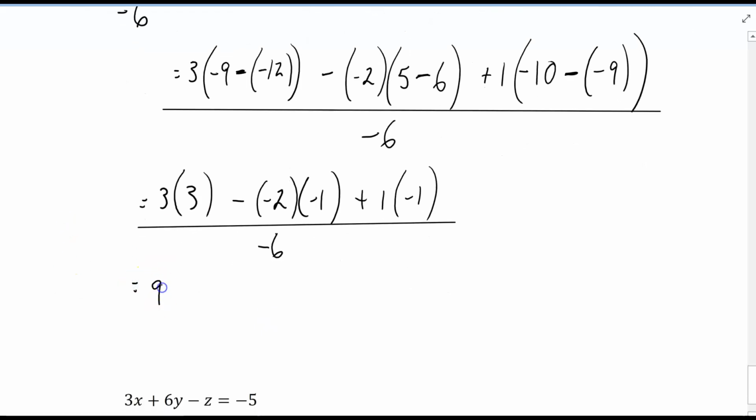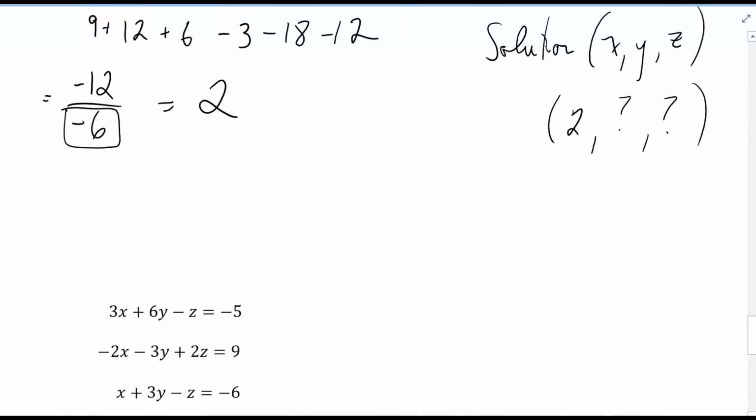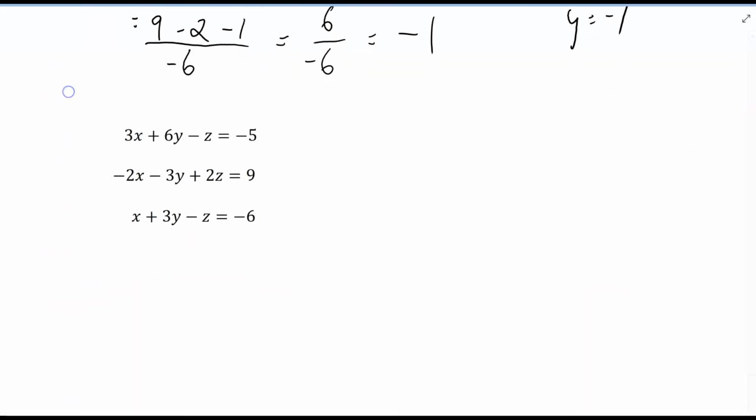So this is 9, subtract 2, subtract 1, all over negative 6, which is equal to 6 over negative 6, which is equal to negative 1. So our y value is negative 1. Y equals negative 1. We had up there that x was equal to 2 so far. I'll just double check. X is 2, y is negative 1.